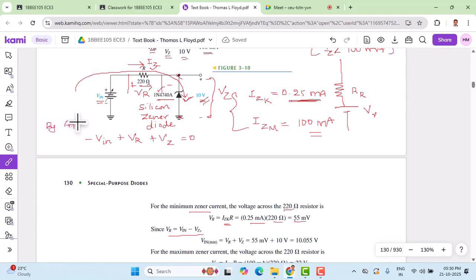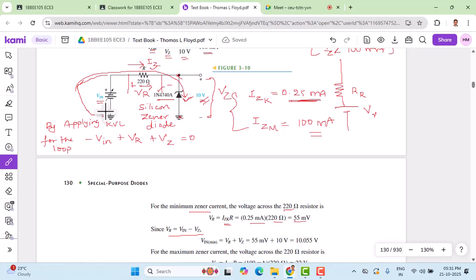This is by applying Kirchhoff's voltage law for the loop shown, starting from the ground all the way back to ground.